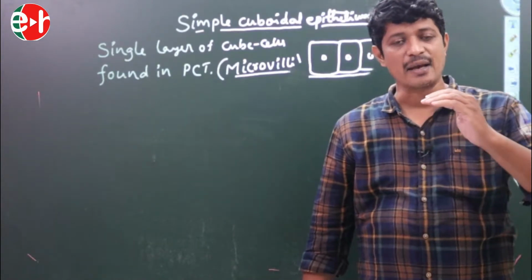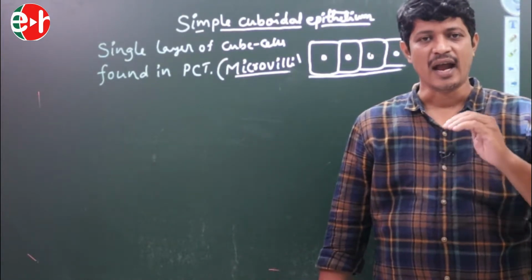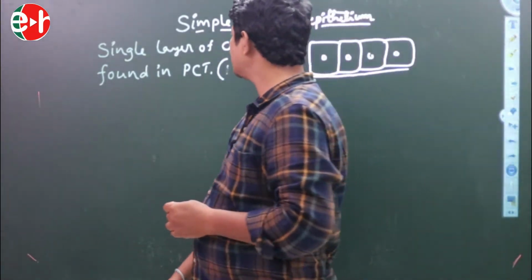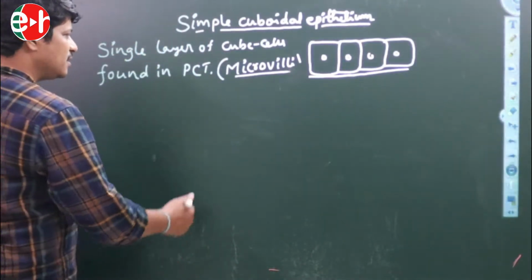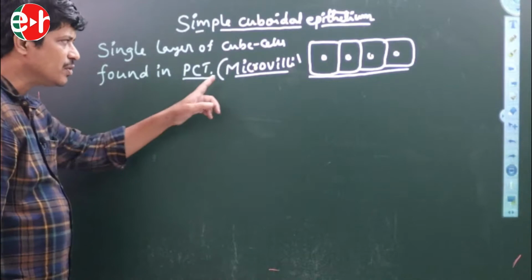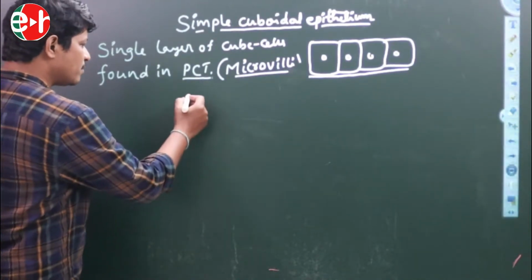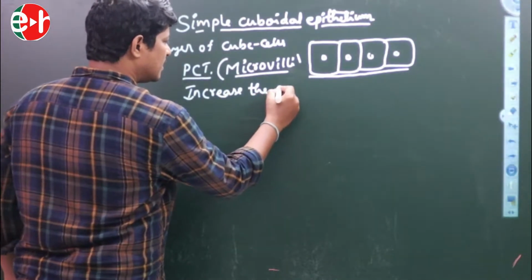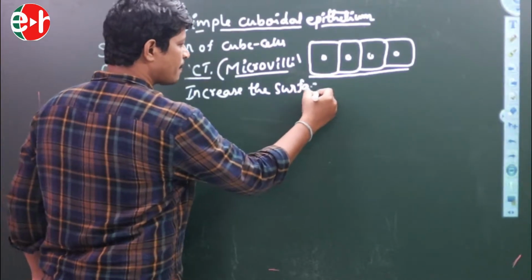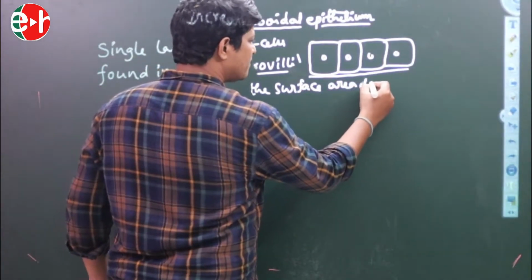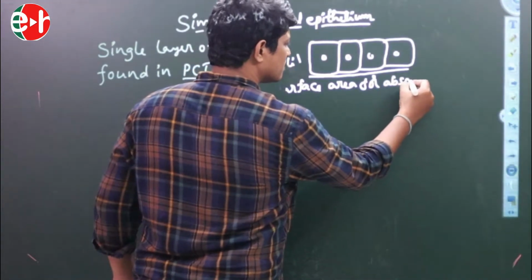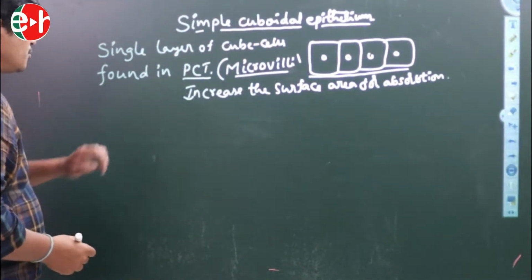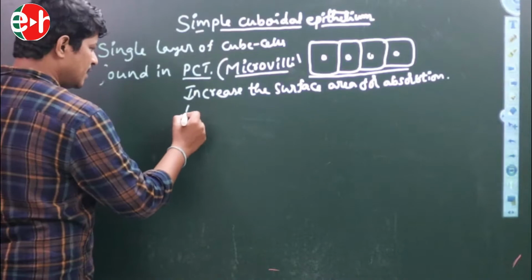It helps with absorption, filtration, and diffusion. One important point here is that in simple cuboidal epithelial cells, the proximal convoluted tubule has microvilli. These microvilli increase the surface area for absorption. So it is one example of simple cuboidal epithelium.